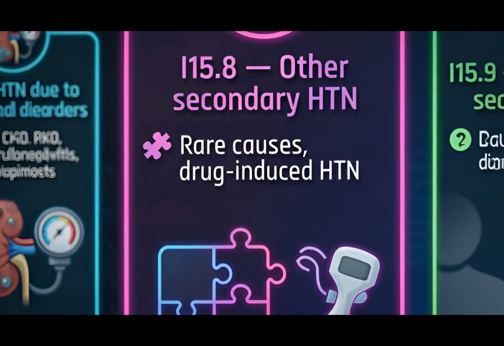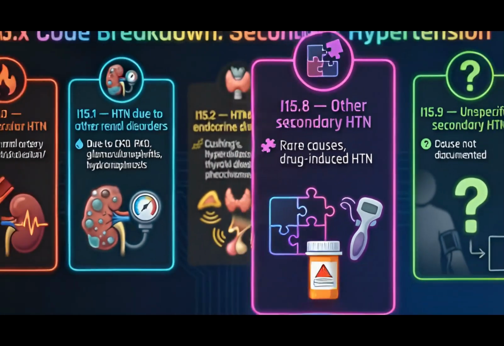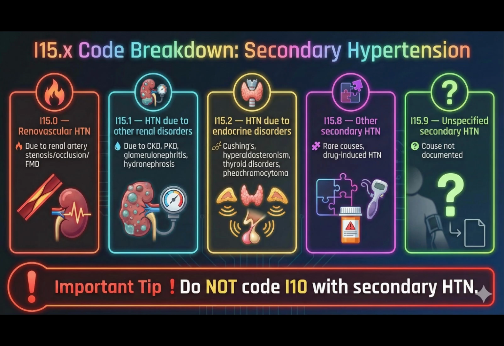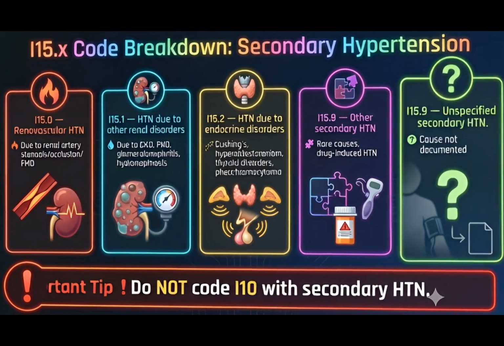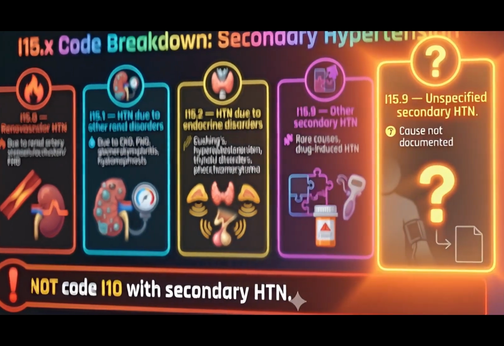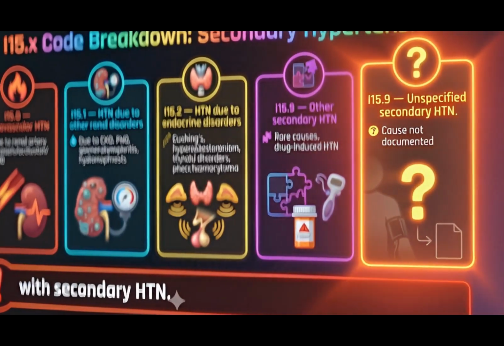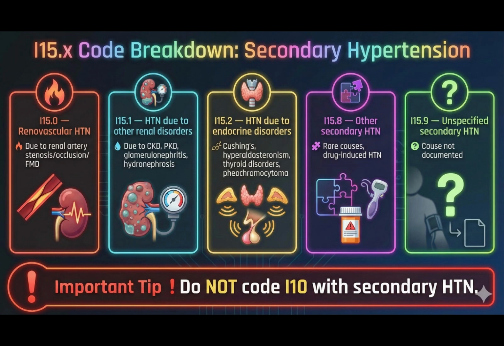I-15.8, other secondary hypertension. This is used for less common causes, including drug-induced hypertension, or any rare underlying conditions not covered in I-15.0 to I-15.2. I-15.9, unspecified secondary hypertension. This code is used when the provider clearly states it is secondary hypertension but does not document the cause.